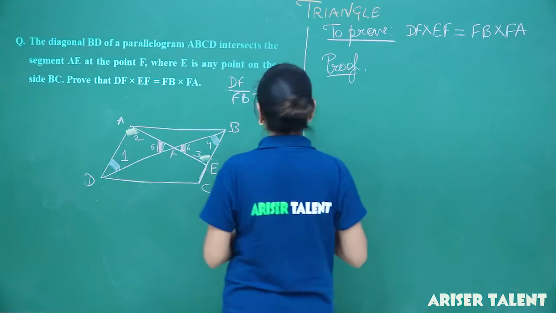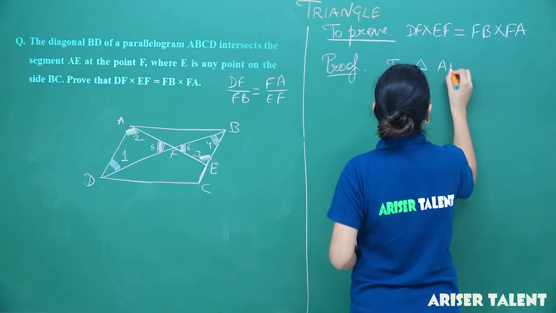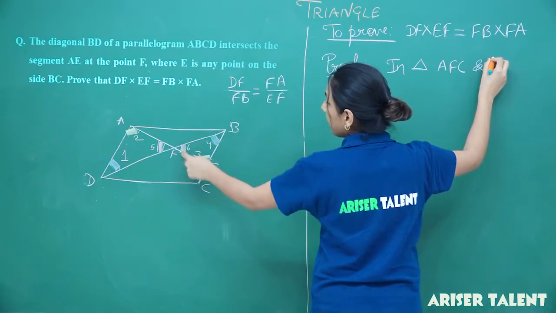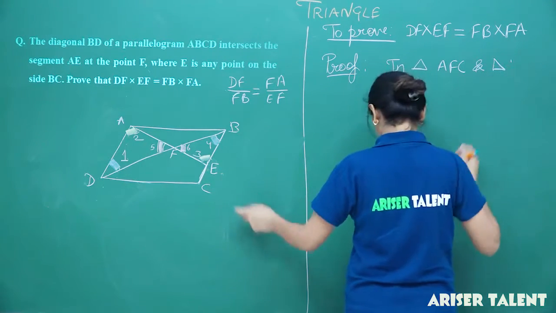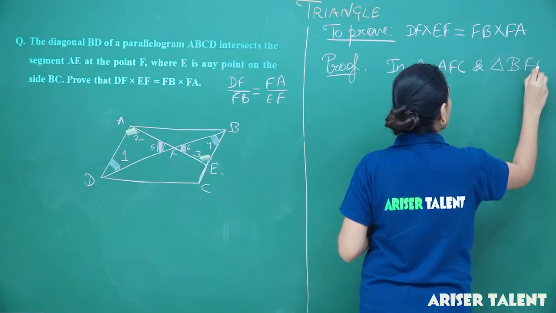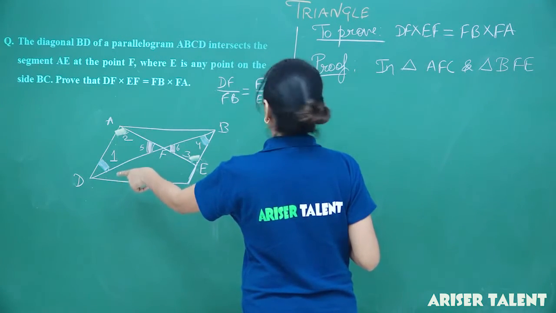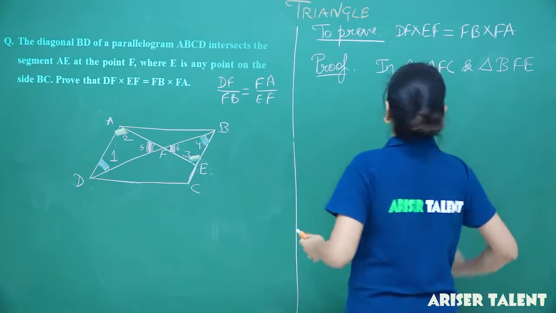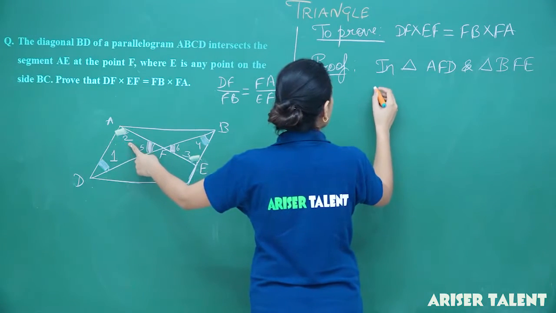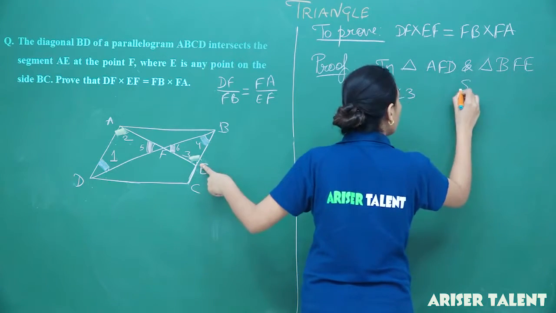Okay. So come here. In triangle AFD and BFE, in these two triangles, angle 2 is equals to angle 3. Why?